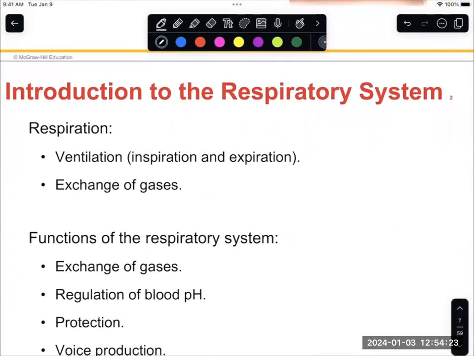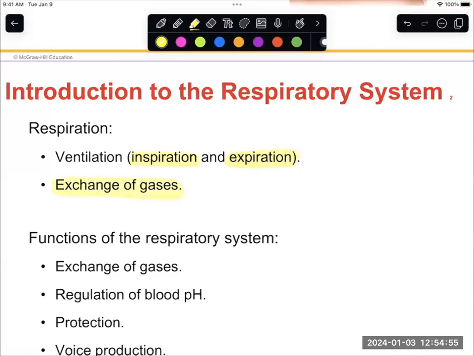So ventilation, or respiration, I should say, is the process of ventilation. Air moves into the lungs on inspiration. And expiration is when that air moves back out of the lungs. When the air is in the lungs, we will exchange gases.